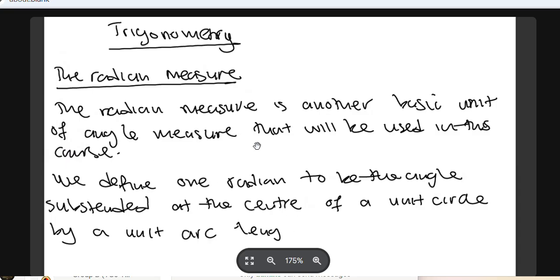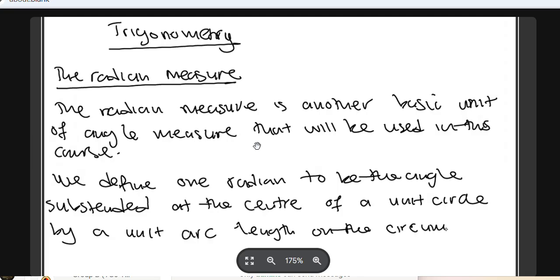I'll explain this just in a bit. On the circumference.